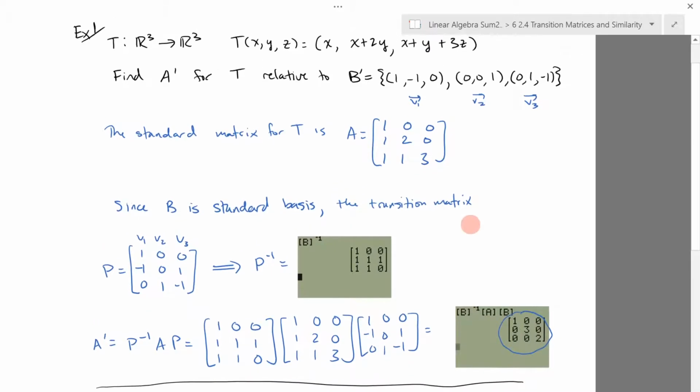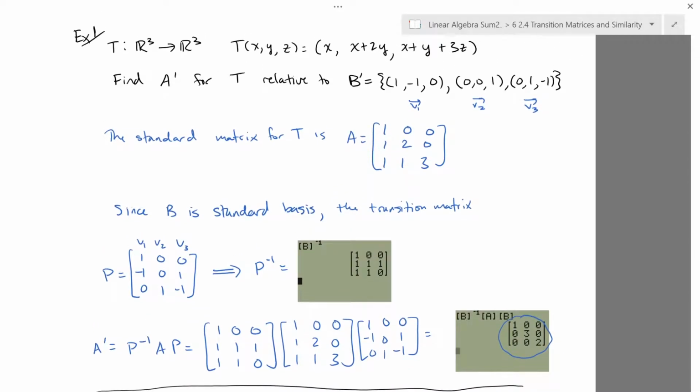So the process of determining the matrix A prime is fairly straightforward, right? You can get the standard matrix typically by just reading off the coefficients on how the linear transformation is set up.